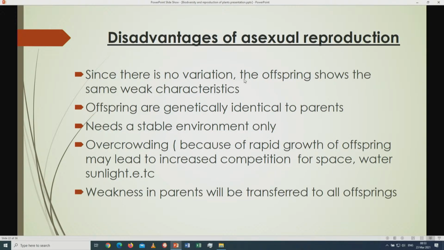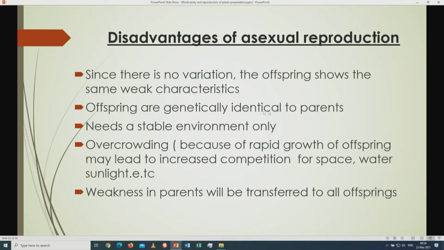Disadvantages of asexual reproduction. Since there is no variation, the offspring shows the same weak characteristics, meaning that if the parent is diseased, it means the offspring again will suffer from the disease of the parent.